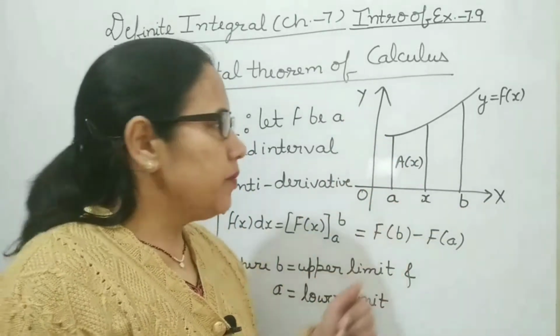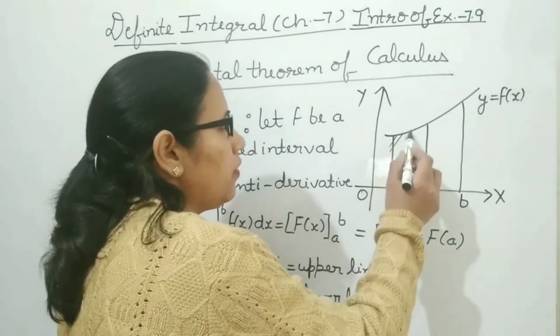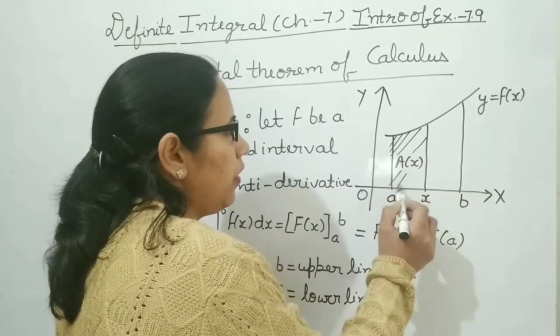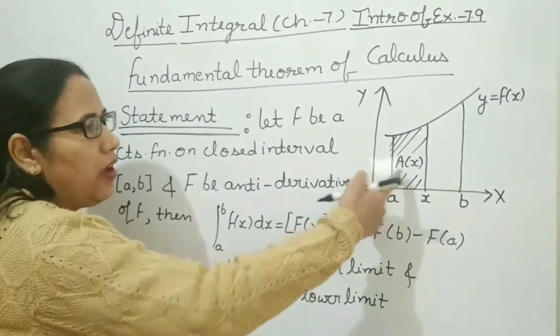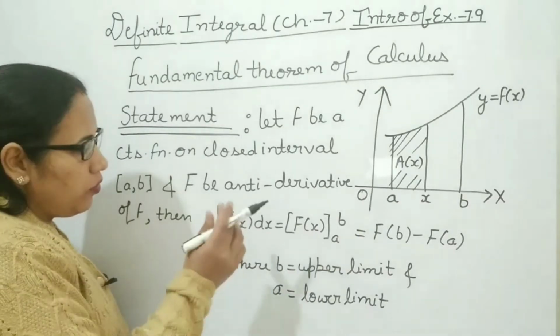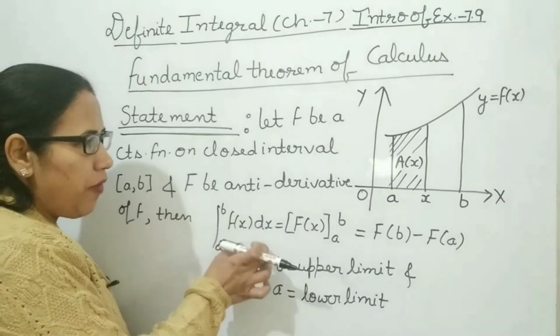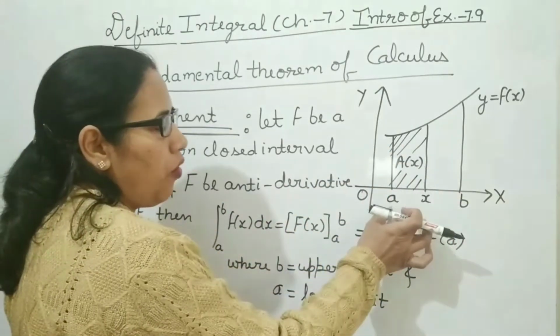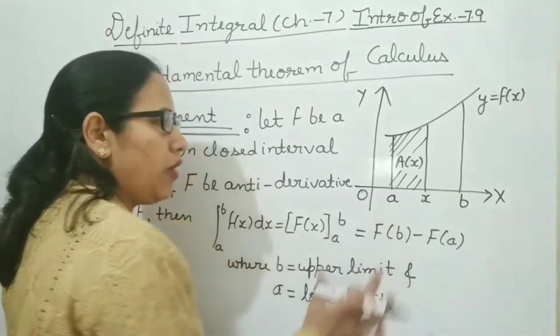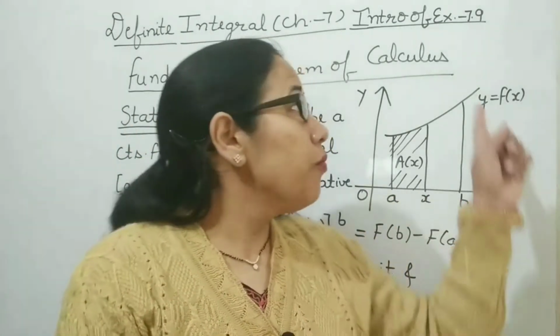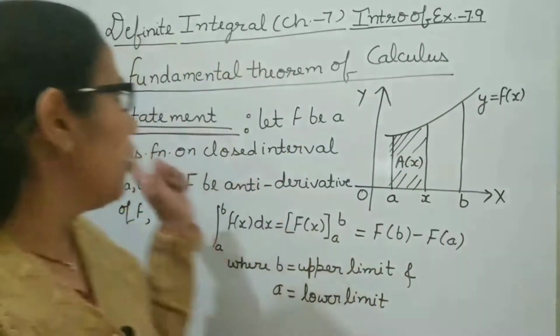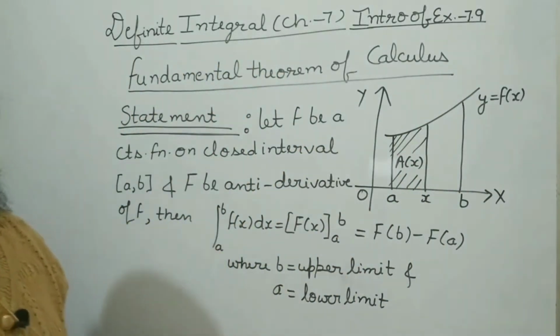So this part is nothing but your integral of a to b f(x) dx. That is your area function. Okay, so definite integral defines your area function from point a to b on x-axis. Clear? Now we start our exercise 7.9 based upon fundamental theorem of your calculus.